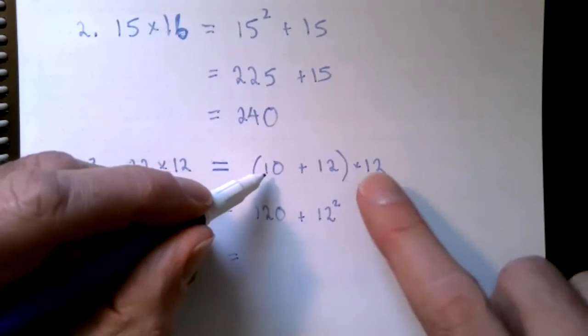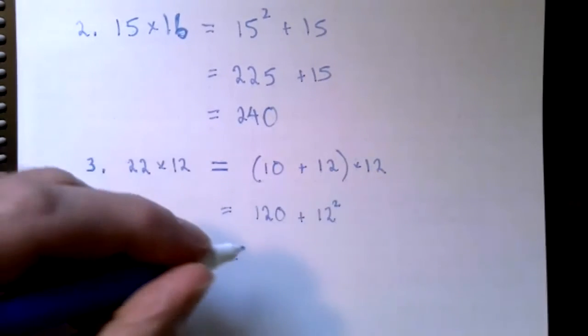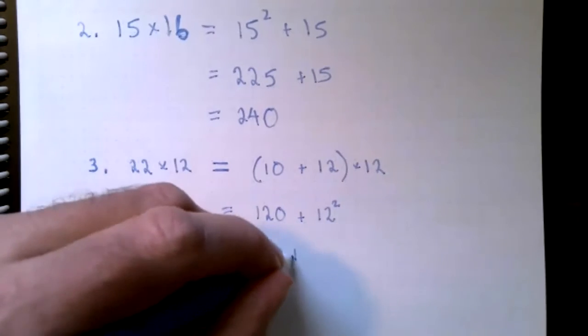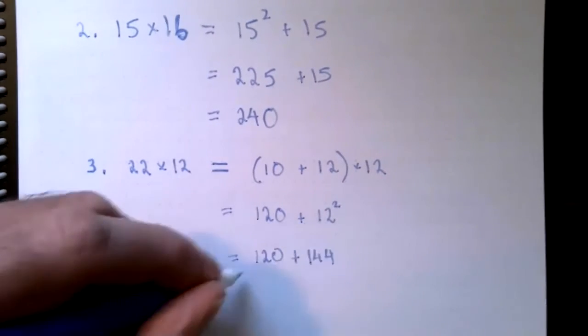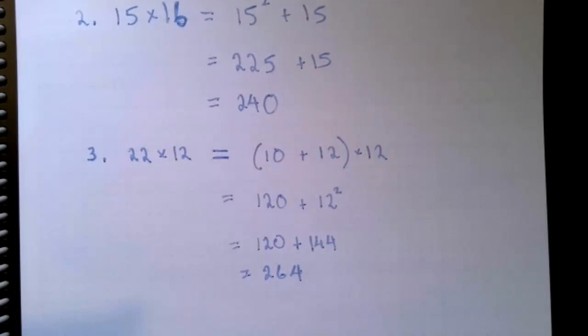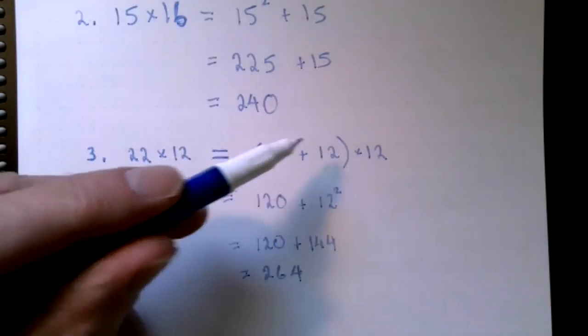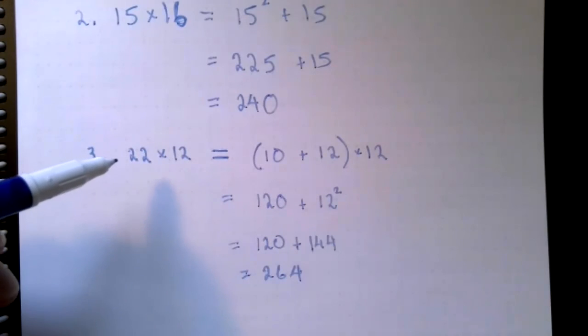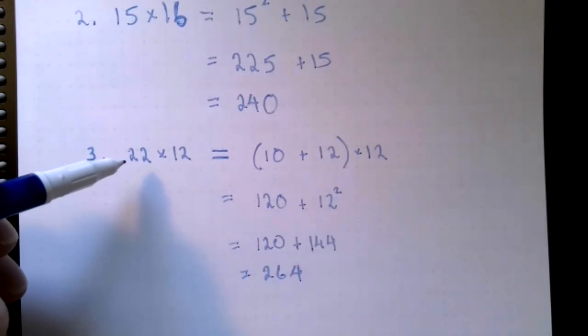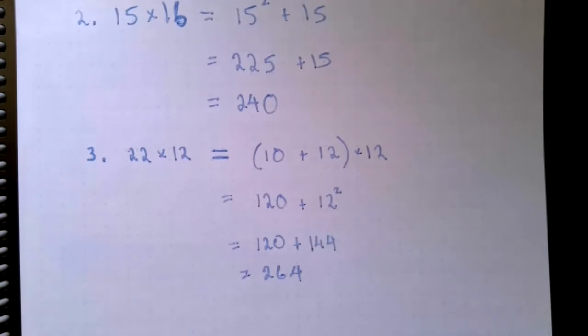Okay, use the distributive property, 12 times 10 and 12 times 12. We know what 12 squared is, it's 144, so 264. Okay, so that's another way squares can help us out here. You can use them in problems like this where you apply the distributive property.